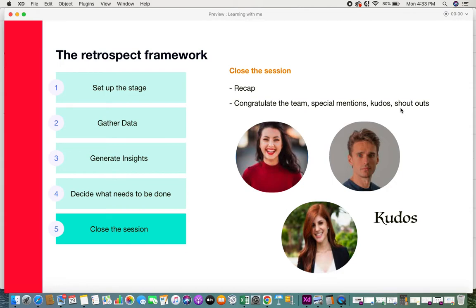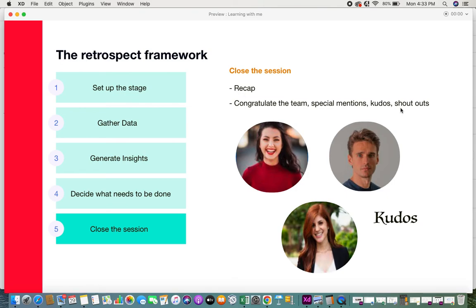You can mention someone who has really done something extraordinary, who has taken some extra effort, who has gone the extra mile. You can give out kudos, you can give out shout outs to people also. So at the end, it's all about celebrating how well the team has come forward all through the entire iteration and learning from what went wrong and trying to improve in the next iteration. So this is the last step of the iteration, and after this you can close the session.